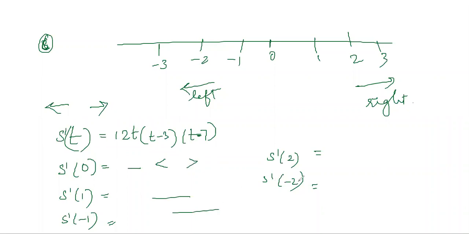In all the cases, you need to calculate. Every time you get a negative answer, what does it mean? Which direction is the object moving? Left direction. Very good. So just put the values of t as 0, 1, minus 1, 2, minus 2 and see in which direction it is going. If the answers are negative, it is going left. If positive, it is going right. Clear? Simple? Agree? Yes, ma'am. Now it is simple, right?